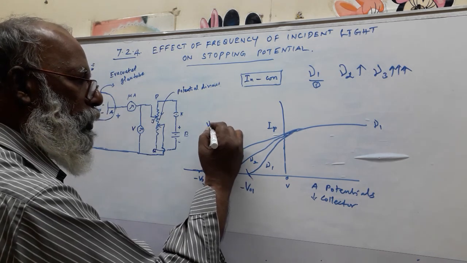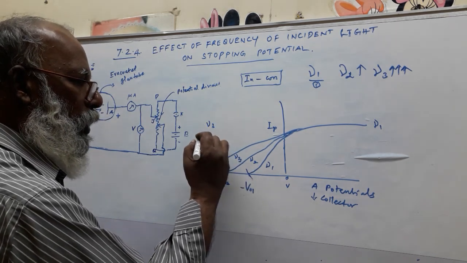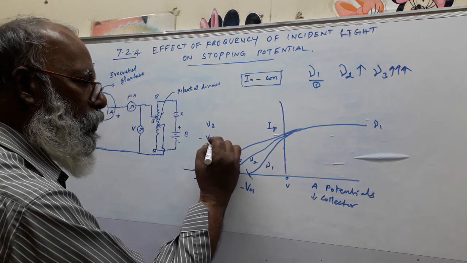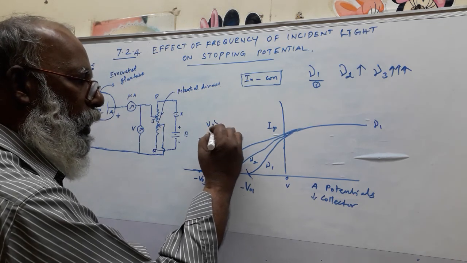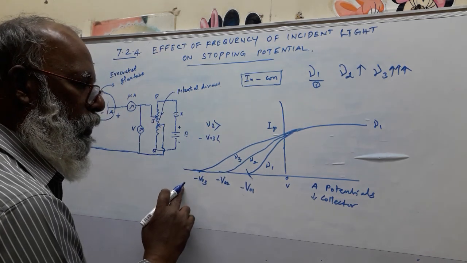Here nu3 is greater, so minus V03 is lesser. This one is greater, this one is lesser.